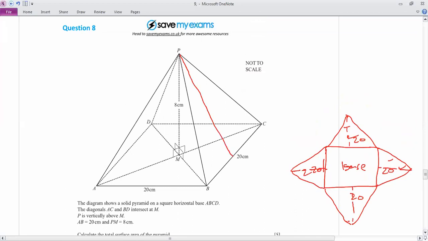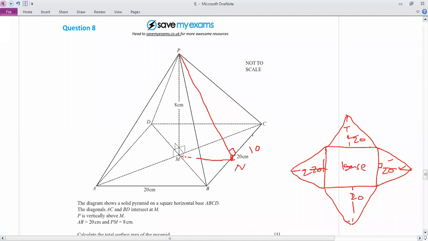Obviously this will be the right angle, because you can see this is perpendicular to here. If this is 20, so this is going to be 10. This is going to be 10. And if I take this point, I will call it M, and N, I will say it.